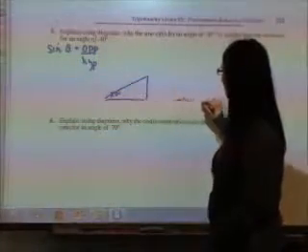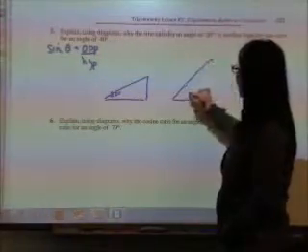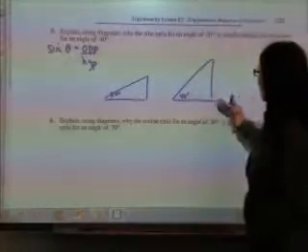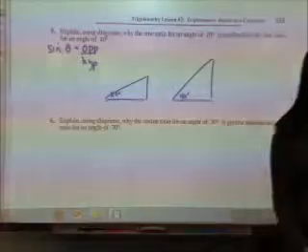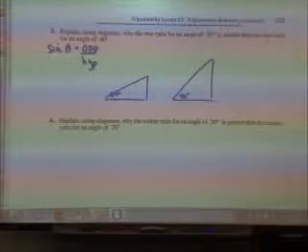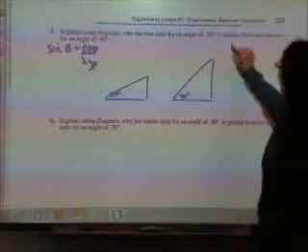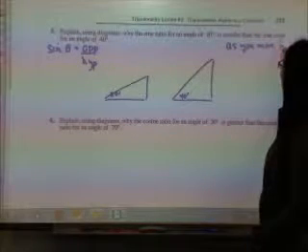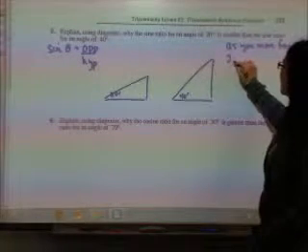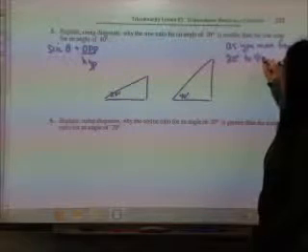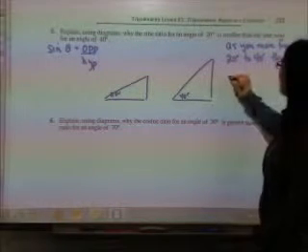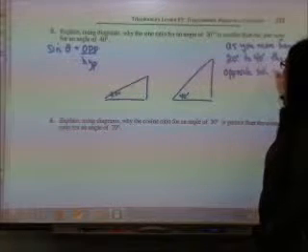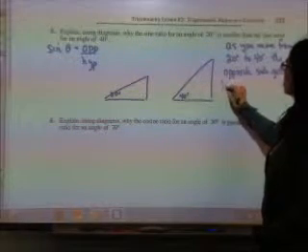Okay. So if I have a triangle that has a 20-degree angle, and I increase that triangle to be a 40-degree angle, what have I done to the opposite side? Yeah. As you move from 20 degrees to 40 degrees, the opposite side gets longer.